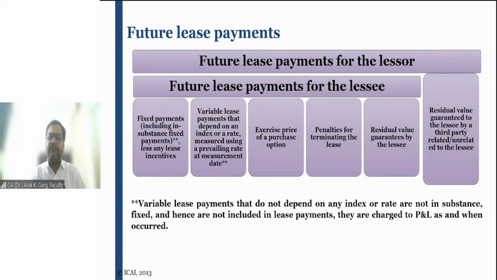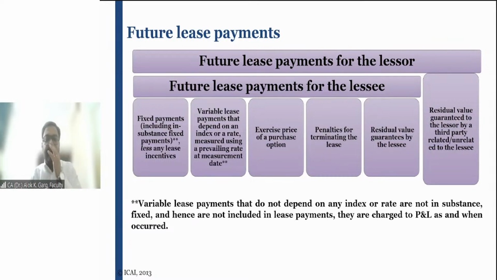Sir, if the variable lease payment depends on the quantity produced or the number of people, in that case it is not a lease payment from the perspective of Ind AS 116. But of course, the lessee will pay. So where will the accounting go? The accounting is expense account debit to bank account.